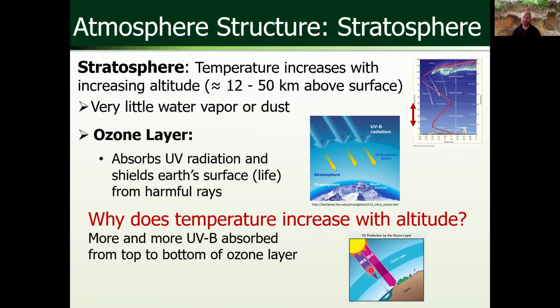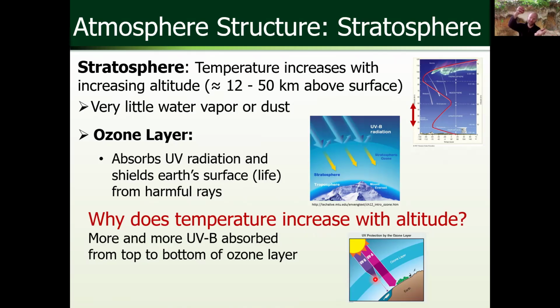And so because there's ozone, you have the most absorption of radiation near the top of the stratosphere, the ozone layer. And so you have the most absorption, the most re-emission as longwave radiation, as sensible heat. You have high temperatures because of all that absorption and re-emission. And as that goes further down, closer to Earth's surface, most of that energy has already been absorbed.